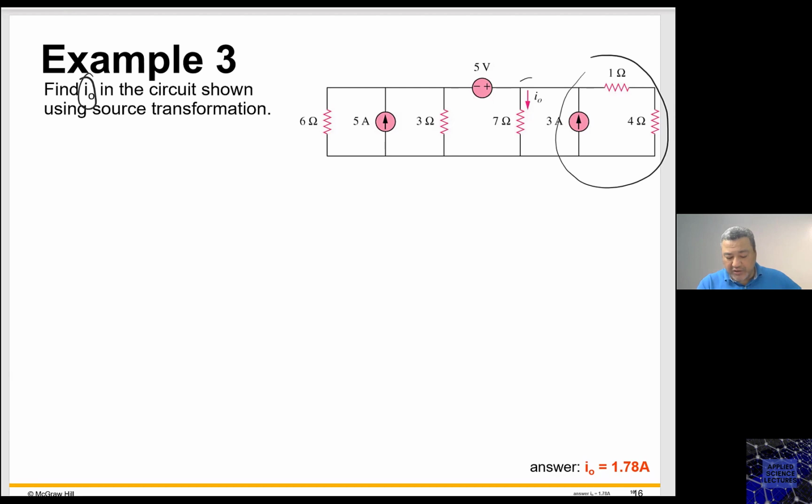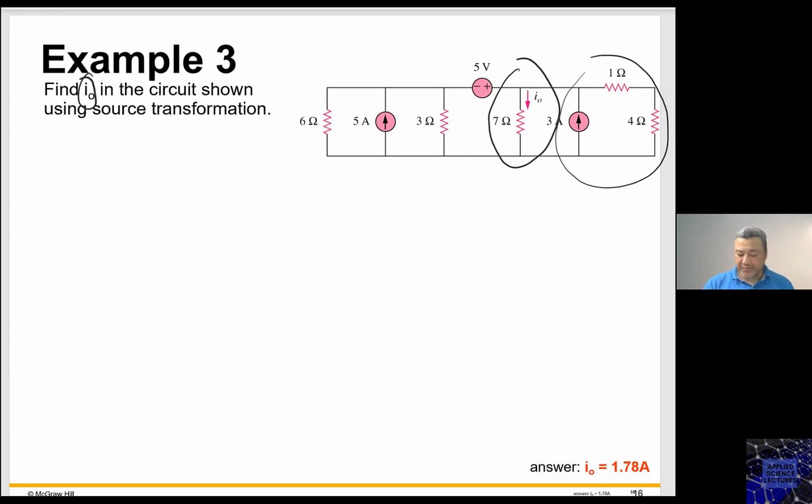So I naught, I don't need to touch this branch. The branch that I'm asked to calculate the current that goes through, I should not be touching. Don't do any change to just this branch. You can do all the changes you want to the other circuit. So how do we do this?